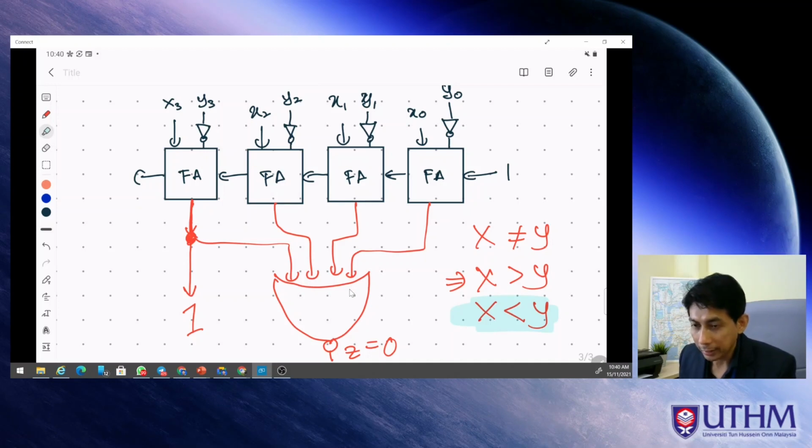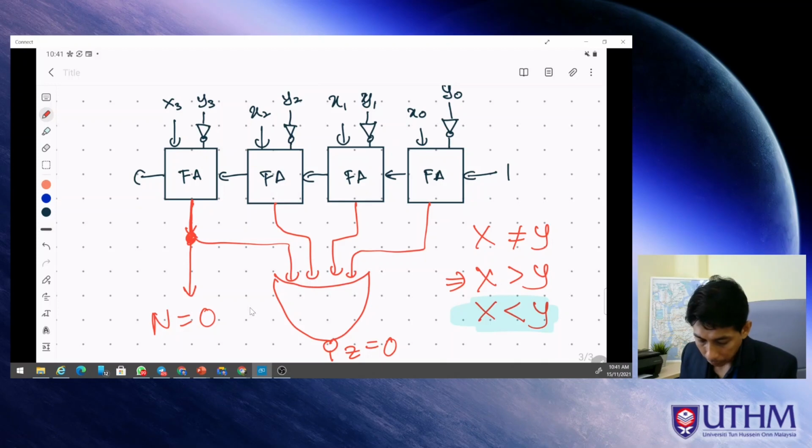So in a computer system, the circuit that compares numbers is this; we call it a comparator. And this bit is called n. When n equal to 0, the result is positive, which means x more than y.